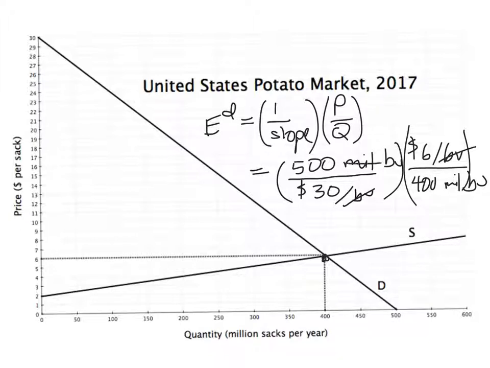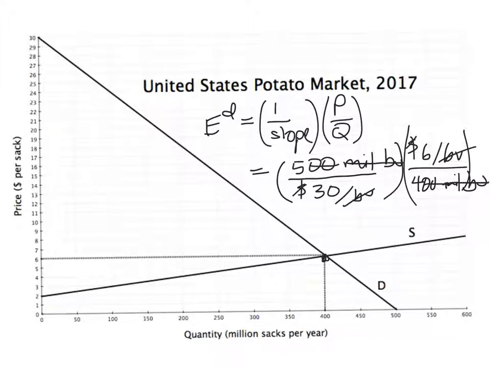Also, million bushels in the numerator: the 1 million over 1 million is 1. Bushel over bushel is 1. We can treat these units like algebraic entities for this purpose. Dollars cancel out. All right, well, it's getting much simpler. 100 divided by 100 is also 1. So this 400 becomes 4, and that 500 becomes 5.